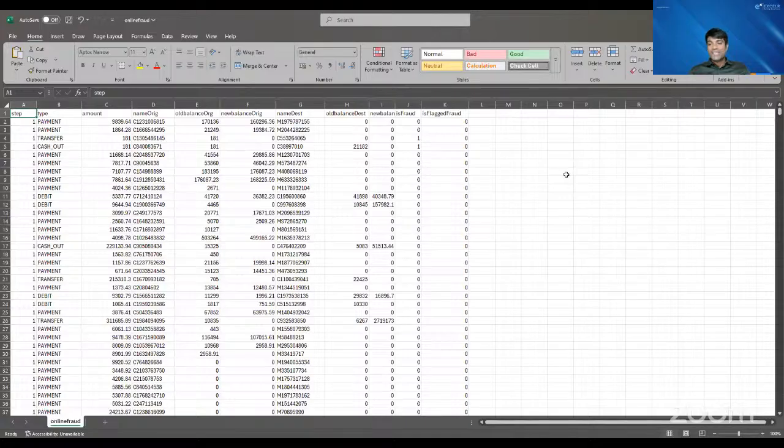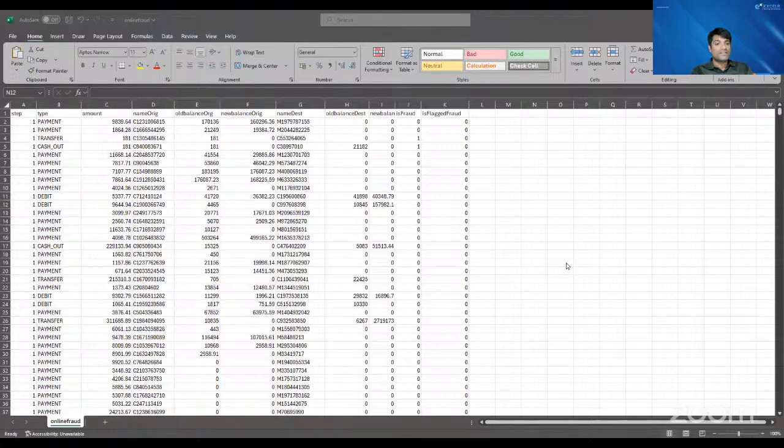It might be any kind of transaction. Before the payment type, the initial step is what is done to make this payment. So this is what the data set is all about.